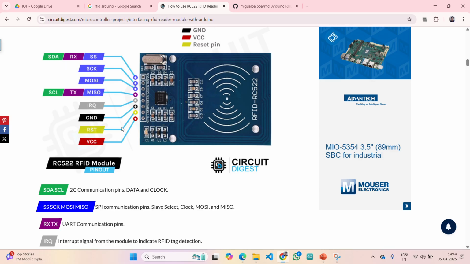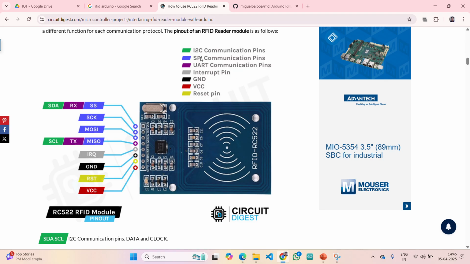Now, just concentrate on the pins. RST means the reset pin, and coming to MOSI, MISO, and one more is SCK and SS pin. Now all RFID readers come with an SDA pin. Here you can see the color codes. One color has one functionality.